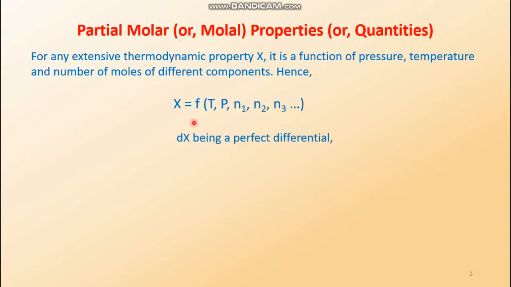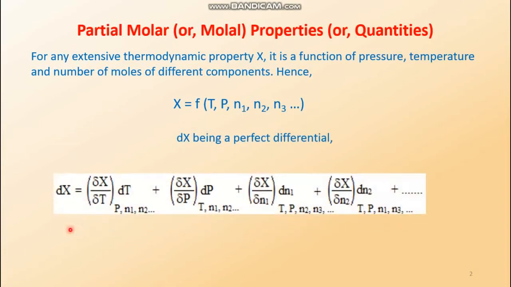So if dX is a perfect differential, then dX can be expressed this way: del X by del T at constant pressure, n1, n2, and so on, dT. That means the rate of change in that property with respect to temperature at constant pressure, keeping the other components constant, multiplied by the overall change in temperature.